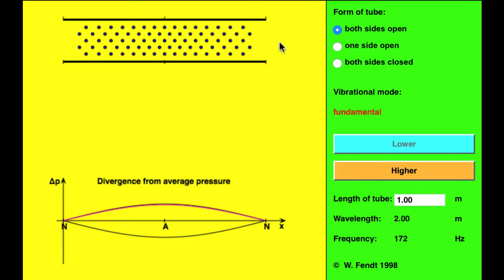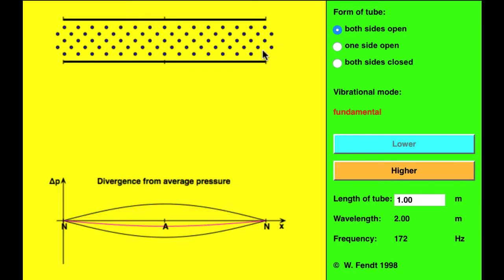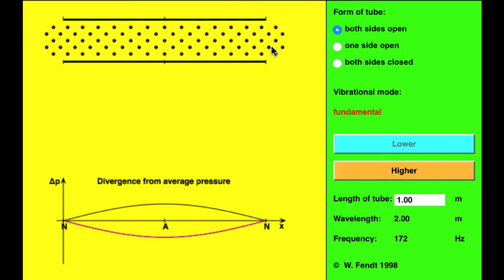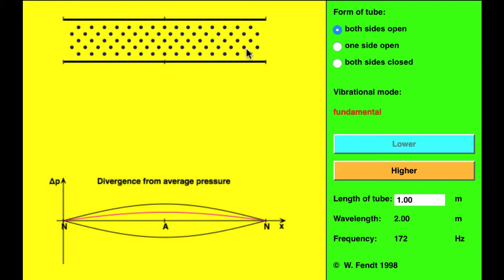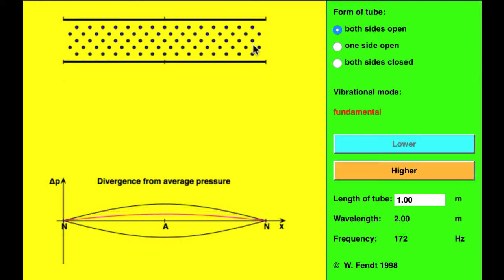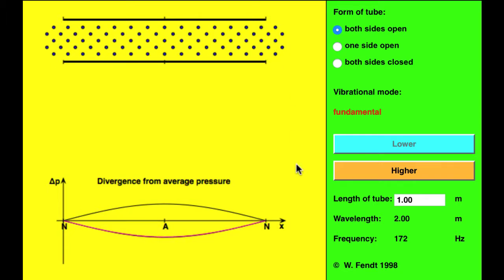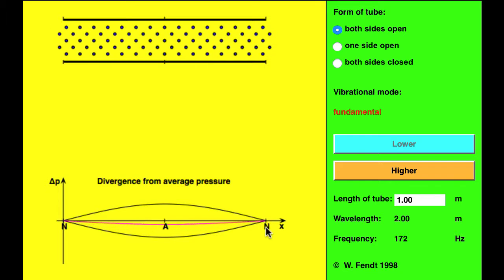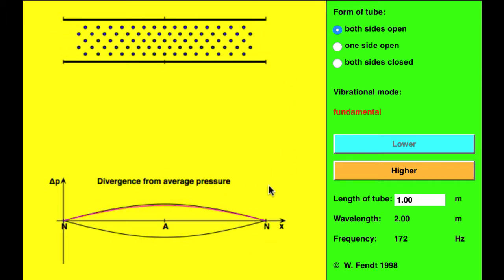So the change in pressure can be represented by how far away the molecules stay from each other or how close they get. If we look here at the outside, we notice that the molecule's spacing stays constant, which would mean that there's no change in pressure, and that's represented by a node here in the change in pressure graph.